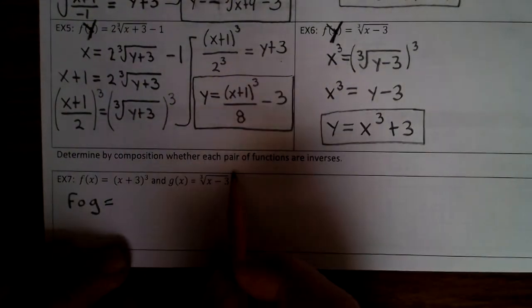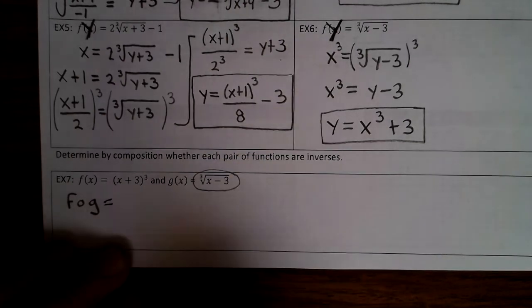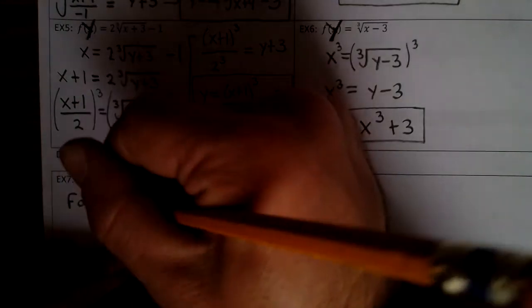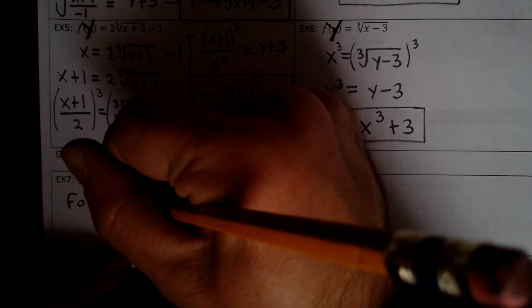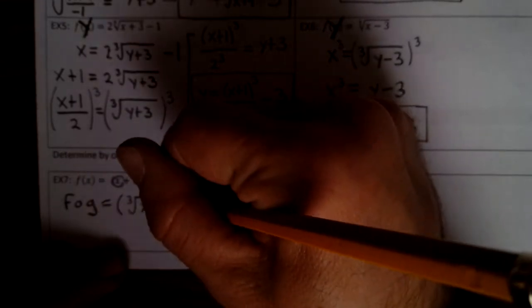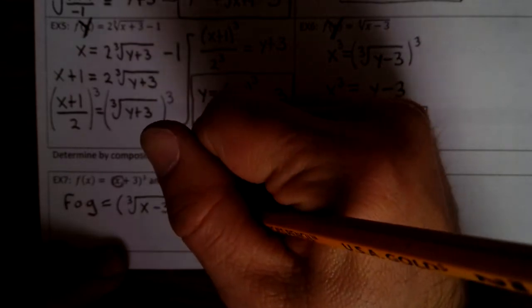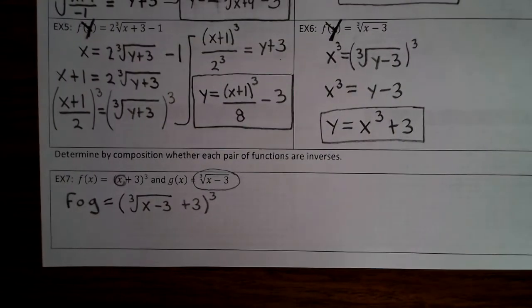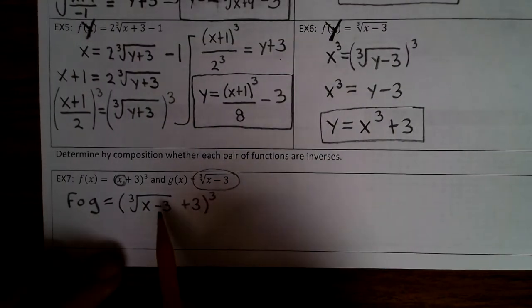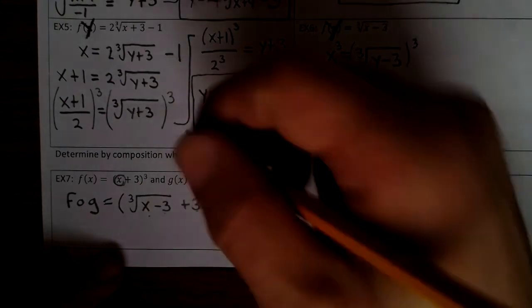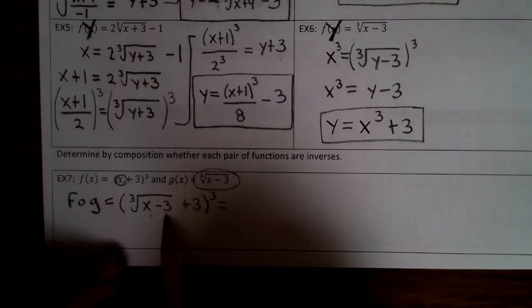Okay, so that's the cube root of x minus 3 plus 3 cubed. Now you'll see here that the negative 3 and the plus 3 don't cancel, so you can't simplify anymore. So there's nothing you can do to get x, so we stop and say that f of x and g of x are not inverses.